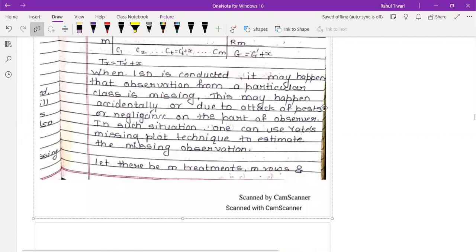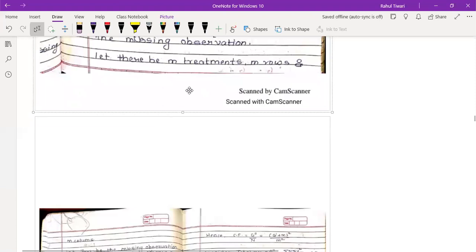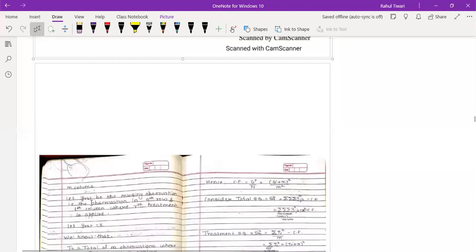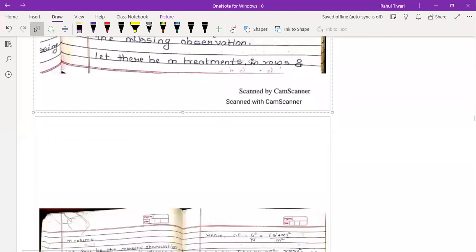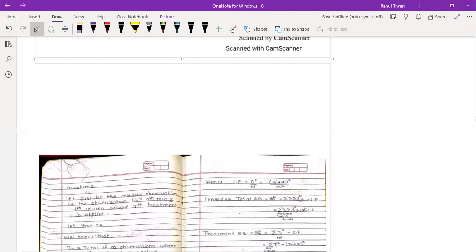This may happen, because it is the same thing we have written before. Now there are M treatments, M rows, and M columns.